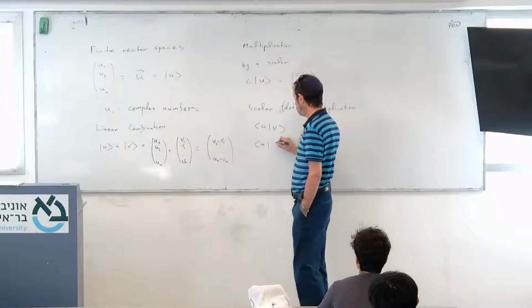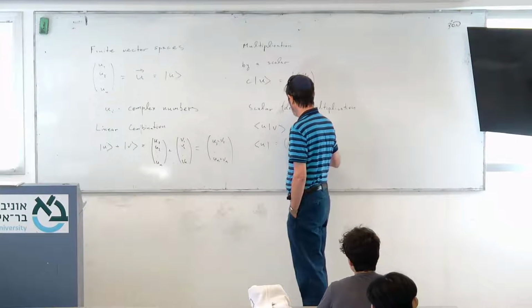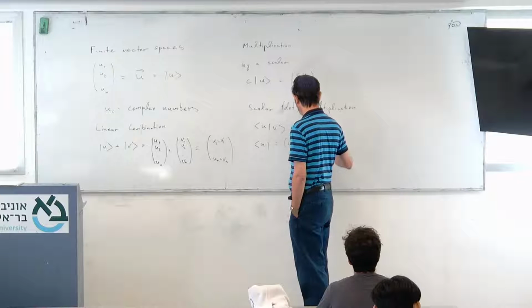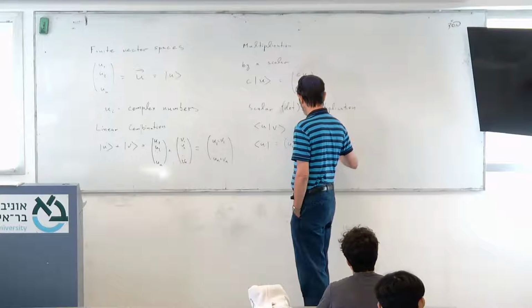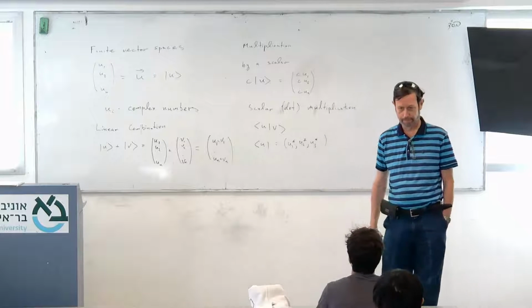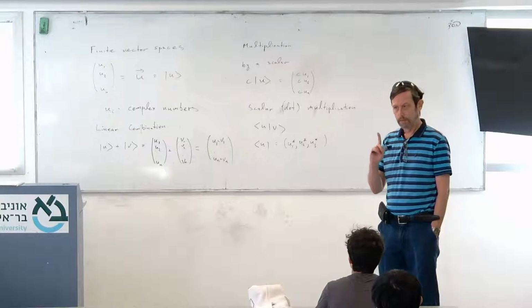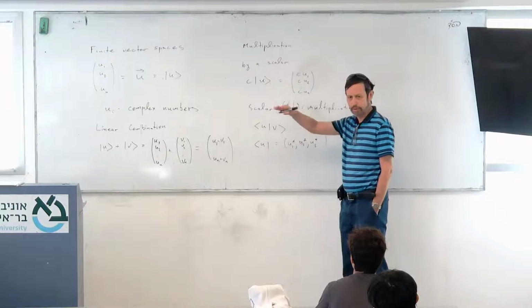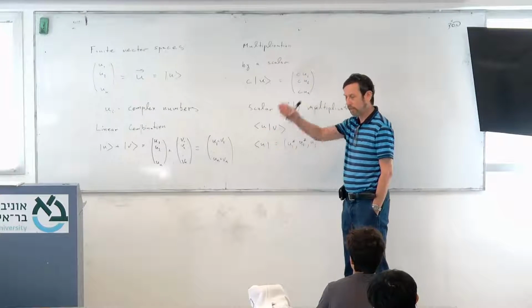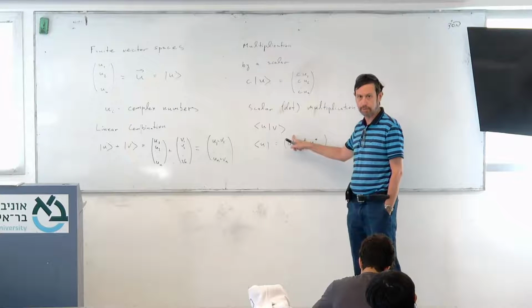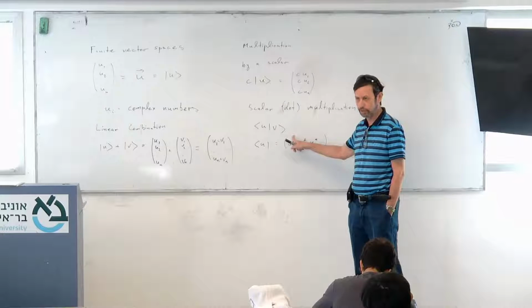In our usual way of writing it, first of all, it's not a column, it's a row. Second, and extremely important, it's complex conjugate.